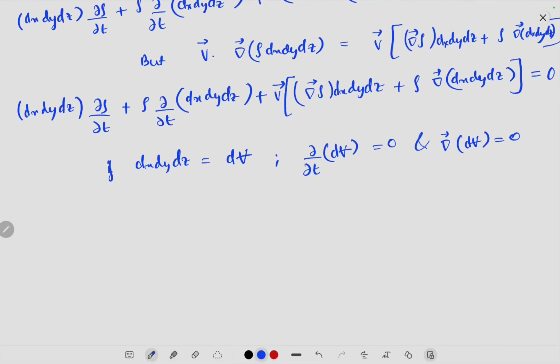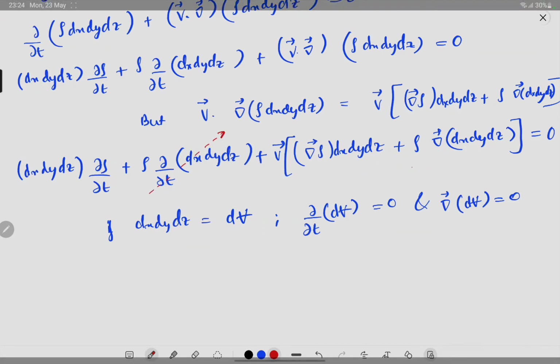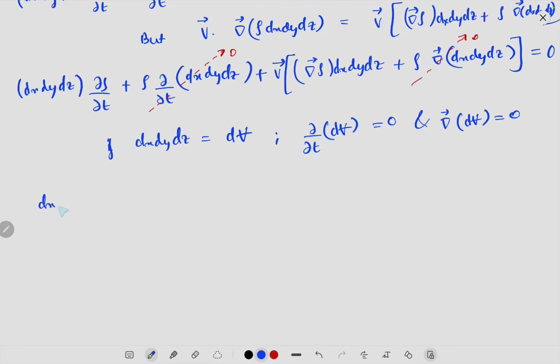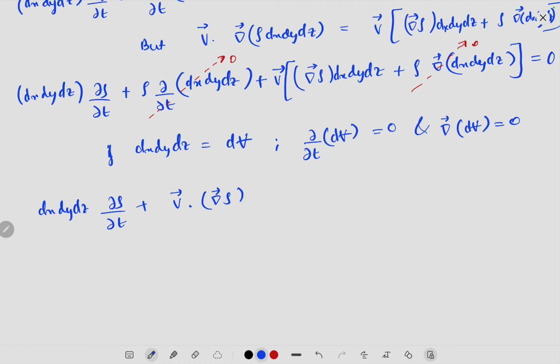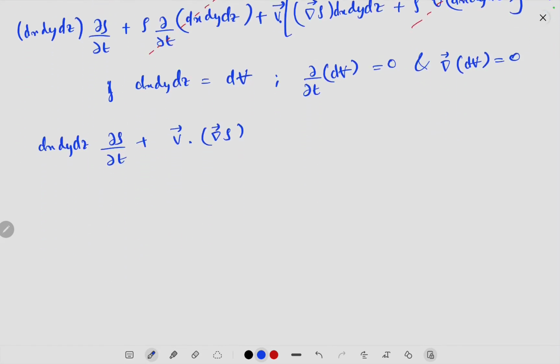So this implies I can take this term and this term as 0. Then this will become dx dy dz times ∂ρ/∂t plus v dot grad ρ, there is a dot product, equal to 0.